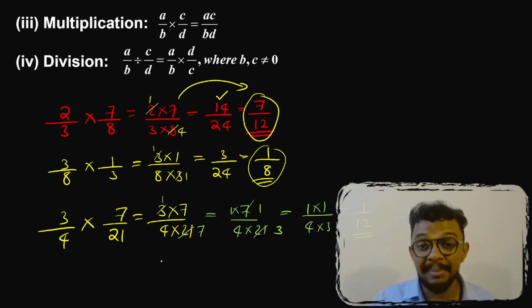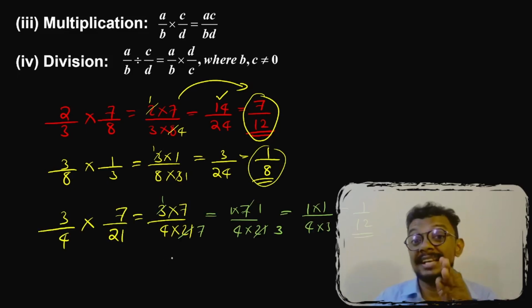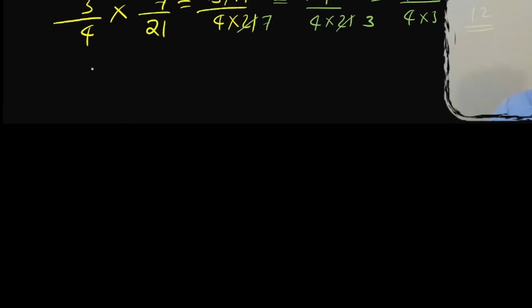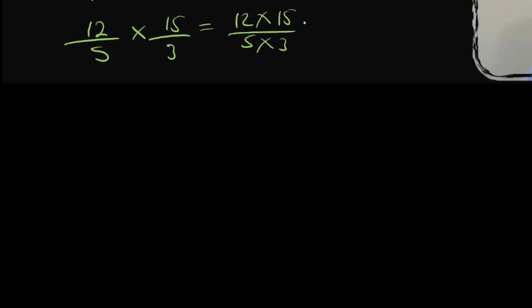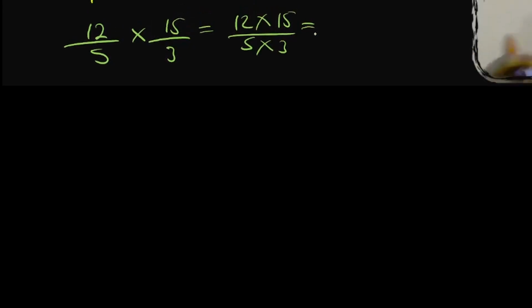Do we need one more example? And this is the last one. Try to understand it within this one. What is 12/5 times 15/3? The strategy: 12 times 15 divided by 5 times 3. Numerator times numerator divided by denominator times denominator. Okay.